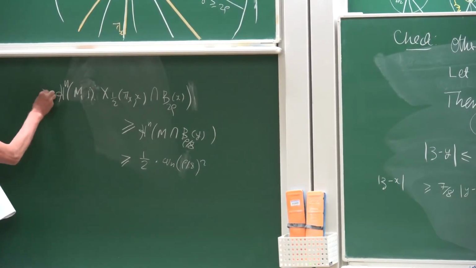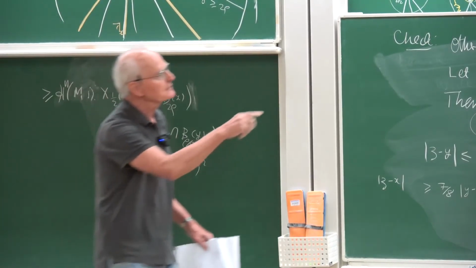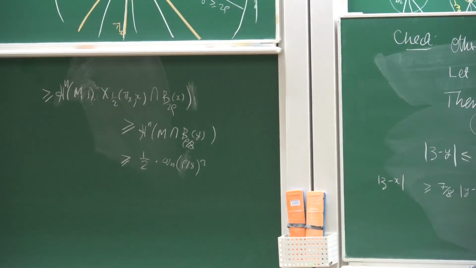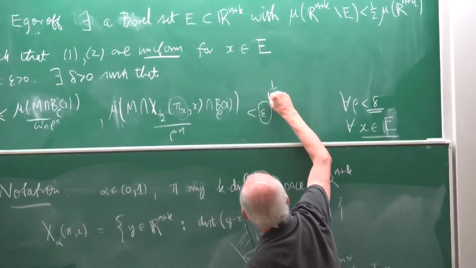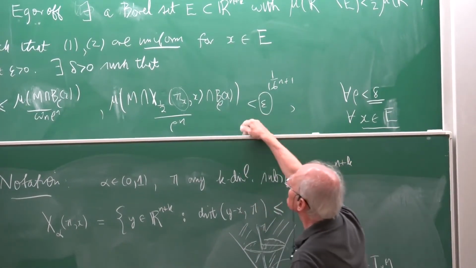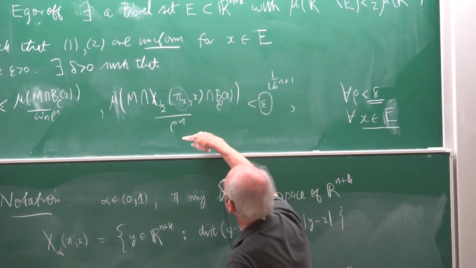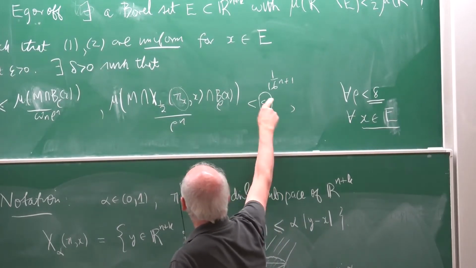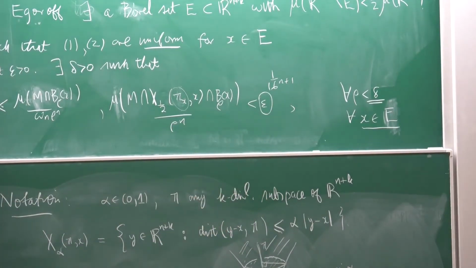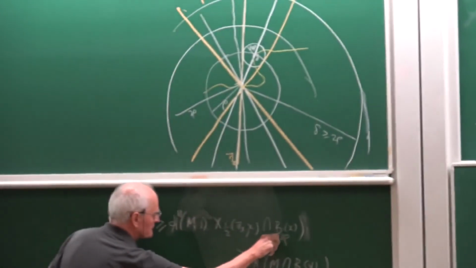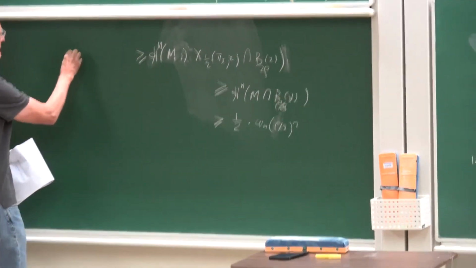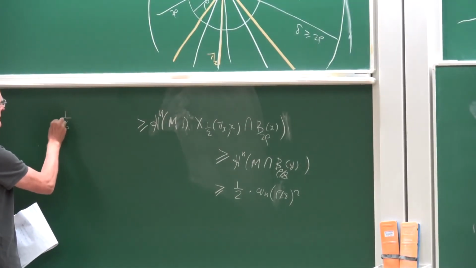But on the other hand, this is less than or equal to, by this second inequality here, using epsilon equals 1/16 to the n plus 1. So this is less than or equal to 1/16 to the n plus 1 times 2ρ to the n. It's got a 2ρ though, we've got to watch that.